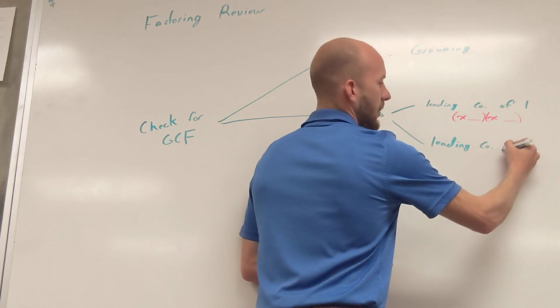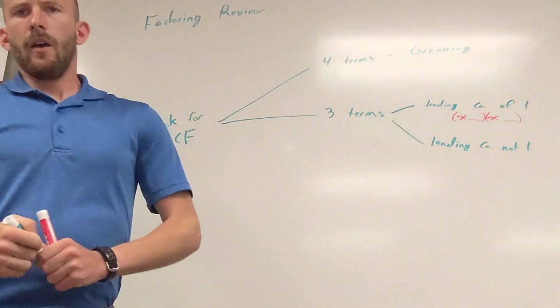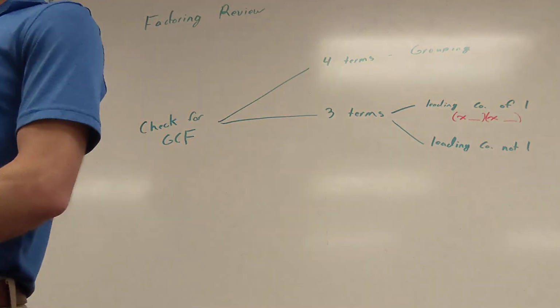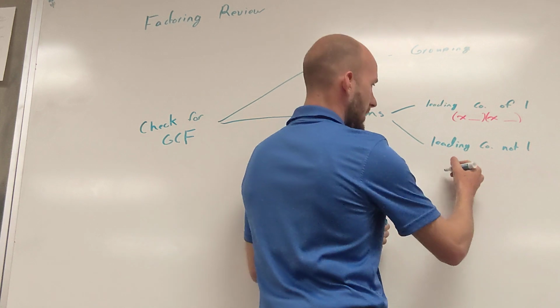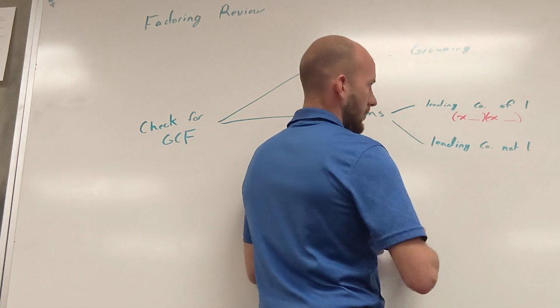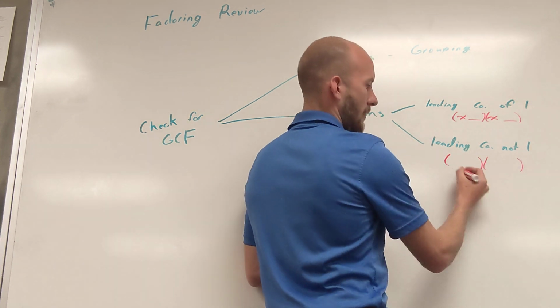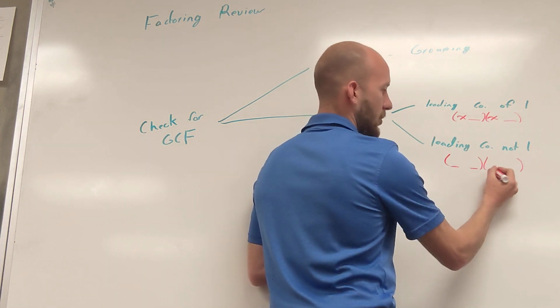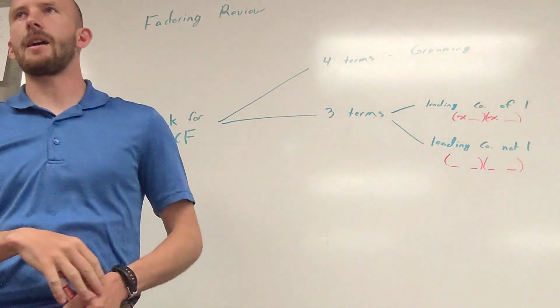And then if we have a leading coefficient that's not 1, those were a little bit harder. Okay? You still are going to set up your 2 parentheses. But this time you have to kind of check both the first and the last.